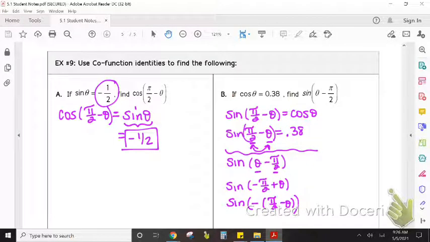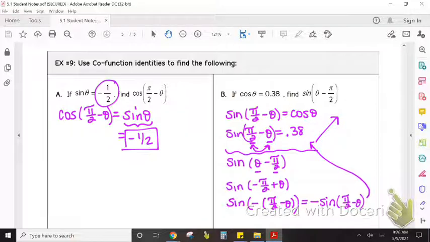Now, if you remember back to your even and odd functions we just talked about, remember sine is an odd function, so sine of a negative angle is equal to the negative sine of that angle, isn't it? All right, so in that case we can come back up here then. I'm going to bring this over here.